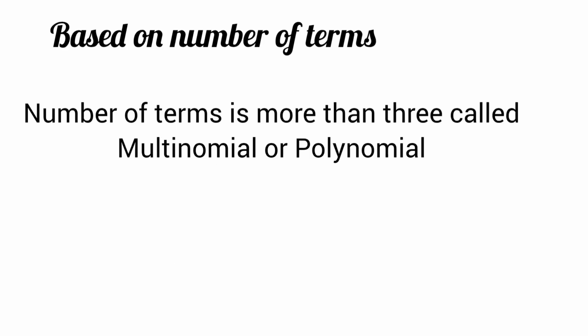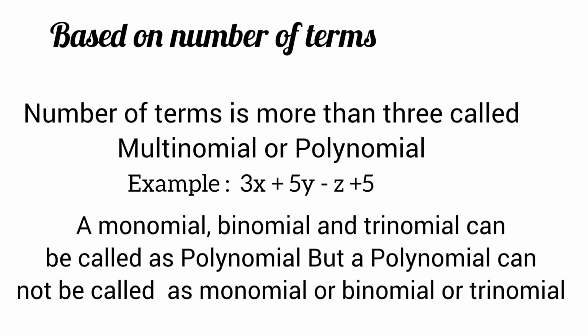If the number of terms is more than 3, then they are called multinomial or polynomial. Here a monomial, binomial and trinomial can be called a polynomial, but a polynomial cannot be called a monomial, binomial or trinomial.